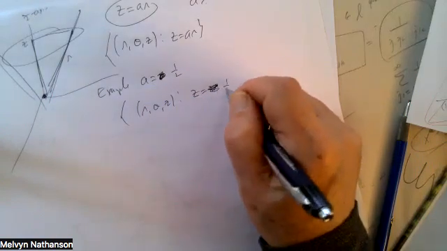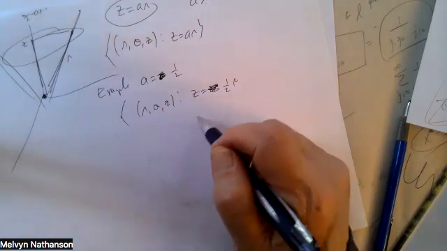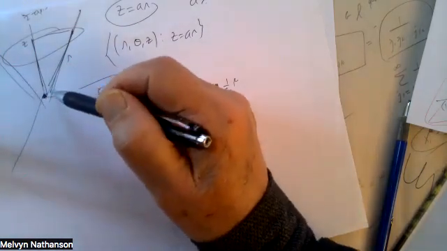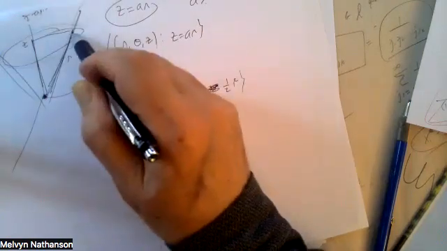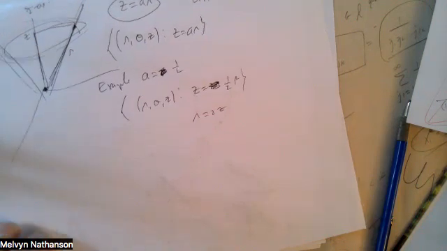So z is a half r. So r is 2z. That's really a better way to describe it. But this is the cone. This goes up in a straight line, and at any point on this line, you take the circle around the z-axis, and that sweeps out a cone.